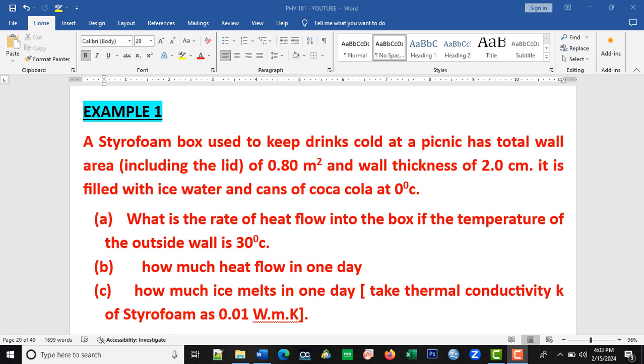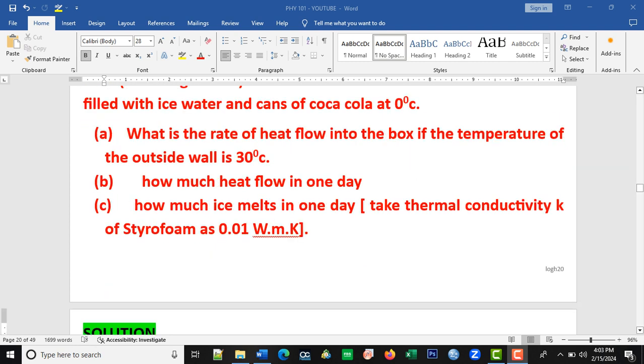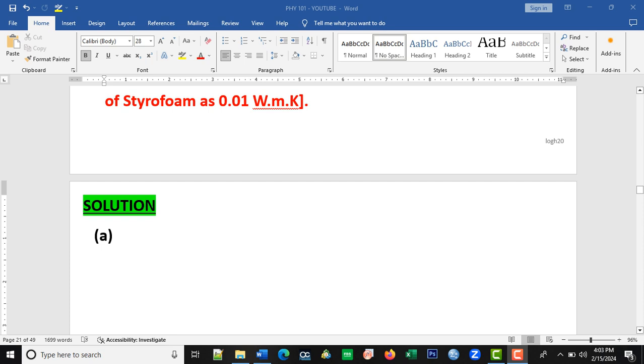Of course, these temperatures will be converted to Kelvin. So let us list the quantities we have so that we go into solving the problem.